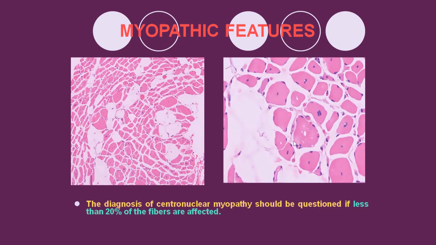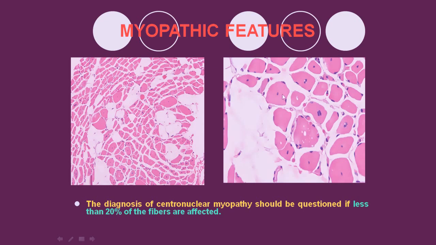The diagnosis of centronuclear myopathy should be questioned if less than 20% of fibers are affected. We here also see central nuclei. This is normal, you see peripheral nuclei. This is central.